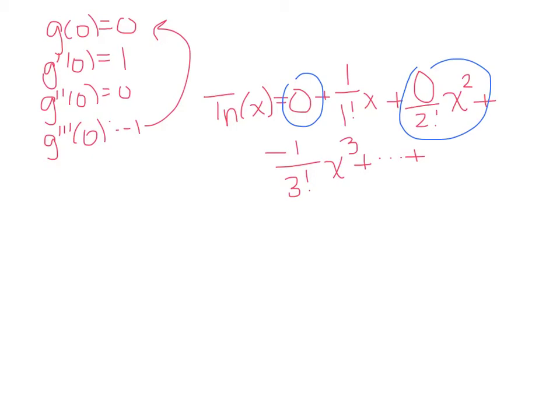So if you think about the very last term of this, it's not x to the n because we don't have every n. We only have the odd n's. So our last exponent is x to the 2n plus 1. And then we're going to divide by 2n plus 1 factorial.